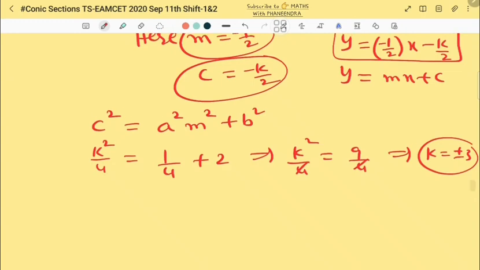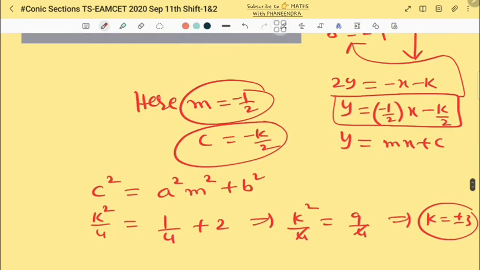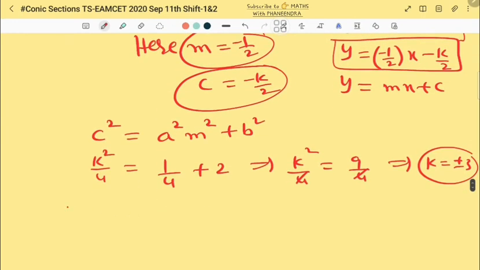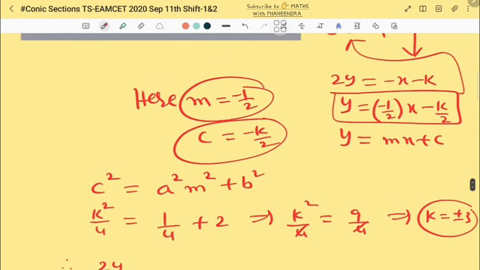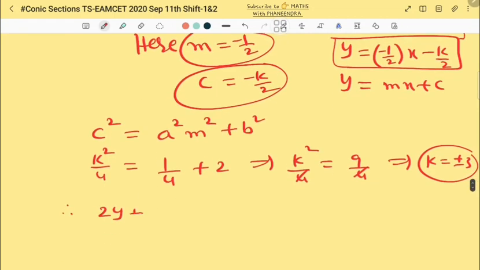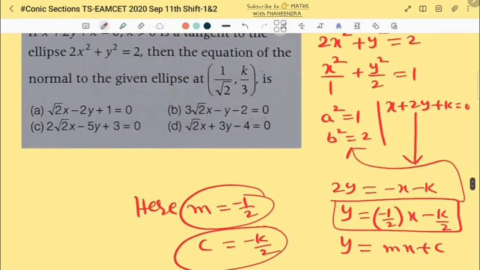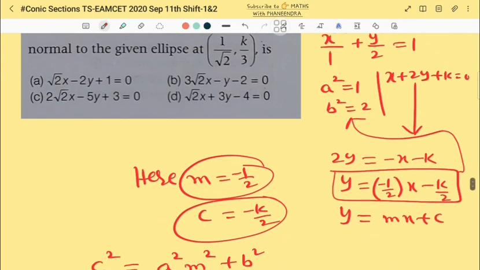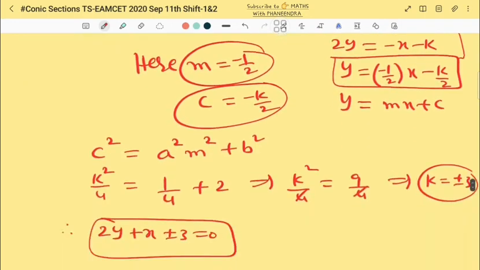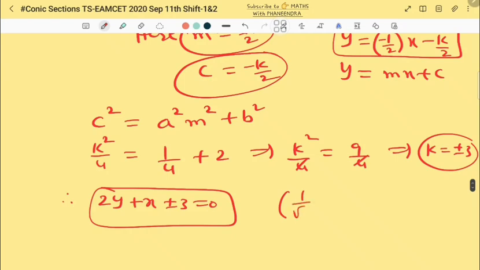So after getting the k value, the equation becomes 2y plus x plus or minus 3 equal to 0. This line. Next, what they are asking here: the normal equation at the point 1 by root 2 comma k by 3.